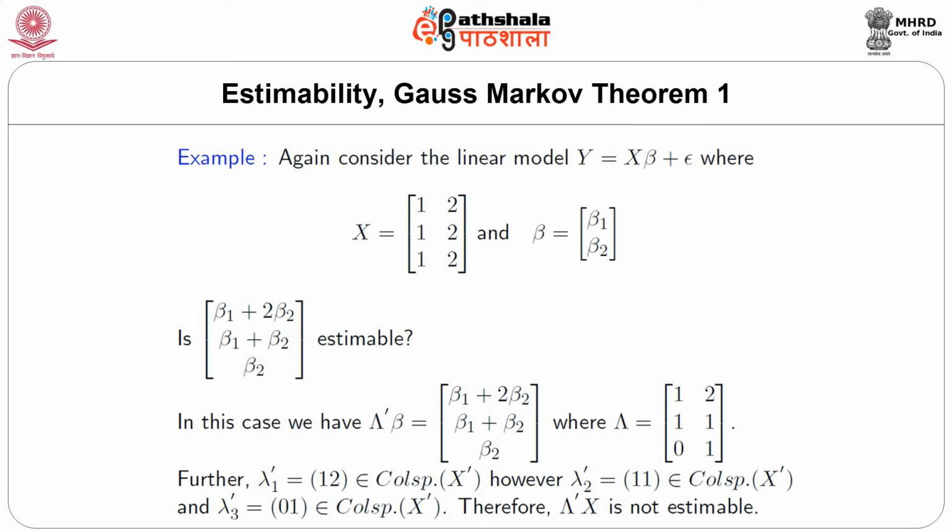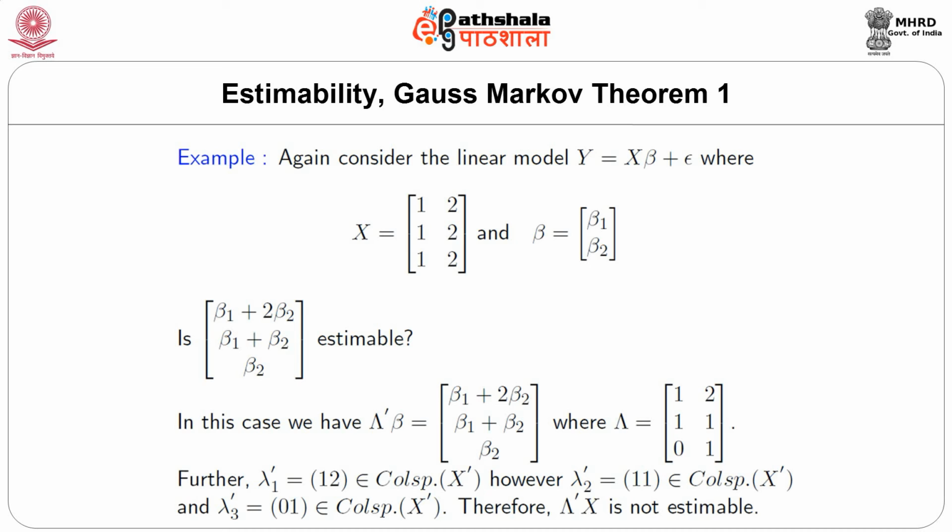Let us take an example. Again, consider the linear model y equals X beta plus epsilon, where X is as before, first column all 1s, second column all 2s, and beta is again as before, beta 1, beta 2. The question is, are beta 1 plus 2 beta 2, beta 1 plus beta 2, and beta 2 estimable? So we are thinking of a parametric vector. In this case, lambda transpose beta is beta 1 plus 2 beta 2, beta 1 plus beta 2, and beta 2.